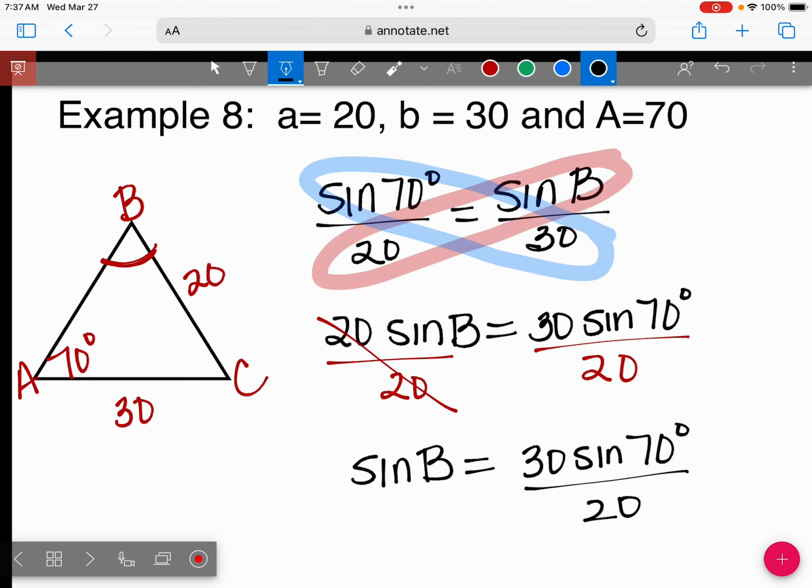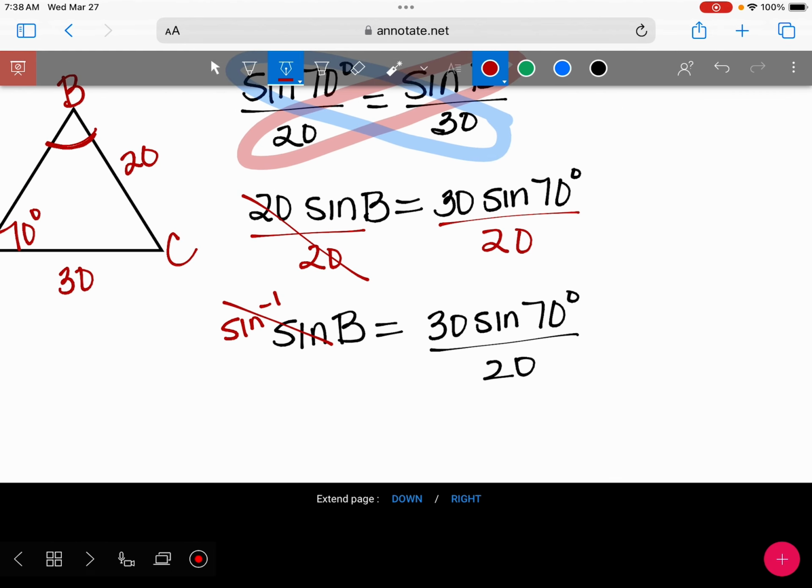So what I'm taking the inverse sine of is this. There is no sine down there. Does that answer your question from earlier? I'm not dividing by a sine. But now, in order to solve for angle B, I have to do the opposite of sine, which is the inverse sine. So when I do the inverse sine on both sides, it cancels out on that side.